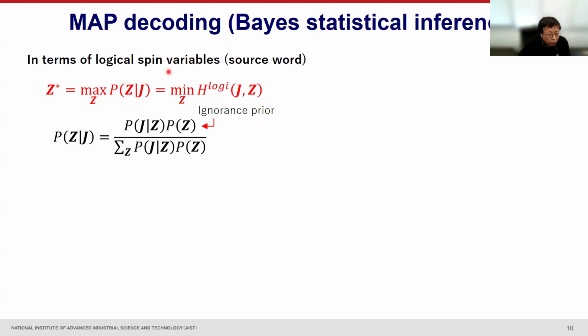In this case, we infer the logical state Z star using the knowledge of J, that is regarded as a false physical state that contains errors, and the likelihood based on the Bayes theorem.